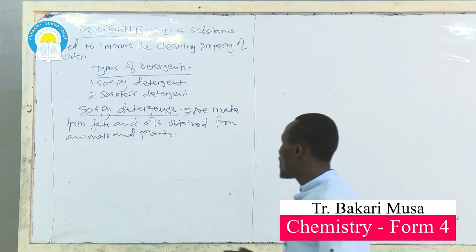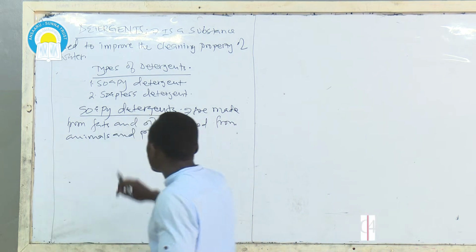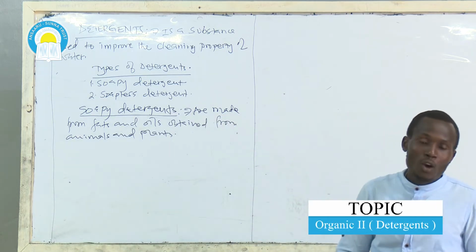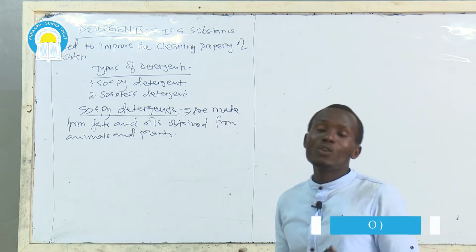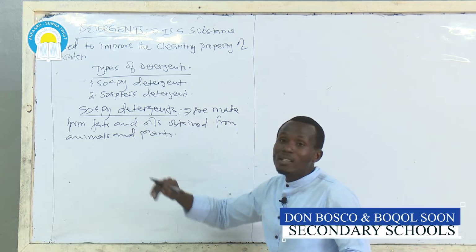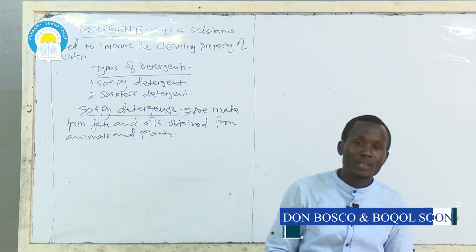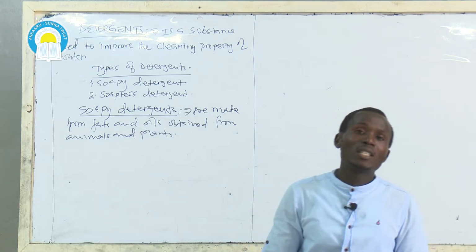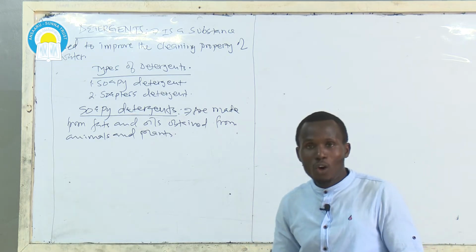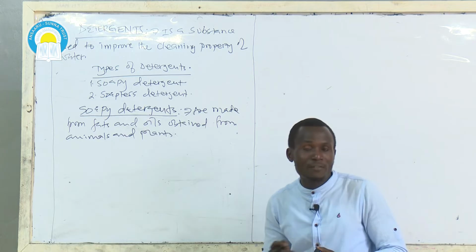These fats and oils contain fatty acids, because the fats and oils fall under the lipids, and the building units of lipids are the fatty acids and the glycerol. So we are interested in the acidic part where we have the fatty acids.